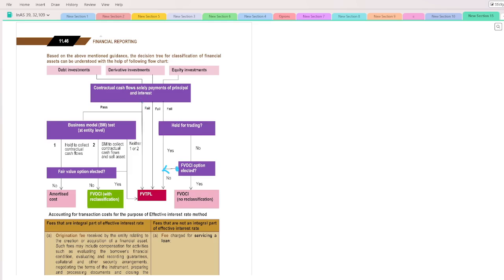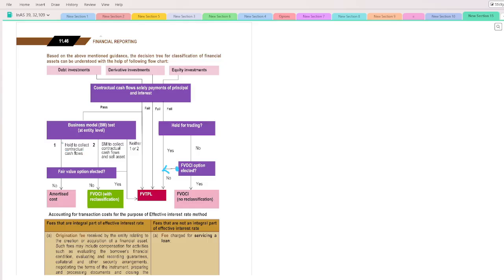So this SPPI test first. For the debt instrument, this SPPI test should be passed. If it is not passed, then again it will go under FVTPL. If it is passed, then you need to go for the business model test. In the business model test, the first test is hold to collect.